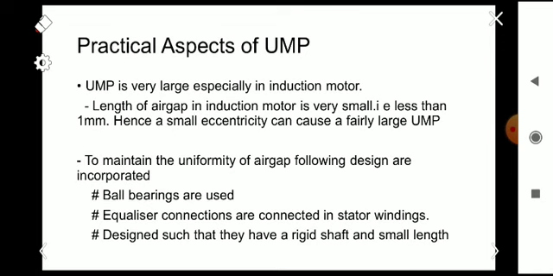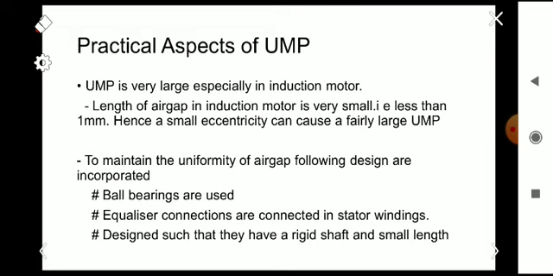Next, equalizer connections are connected in the stator windings. The stator windings of induction motors are designed with some parallel paths, and these parallel paths are connected to the equalizer connections. These windings are so connected that they automatically provide a mitigating influence to overcome the effects of the unbalance.